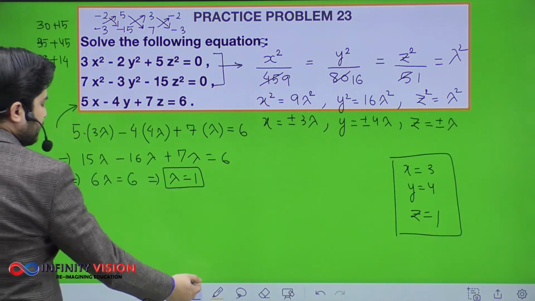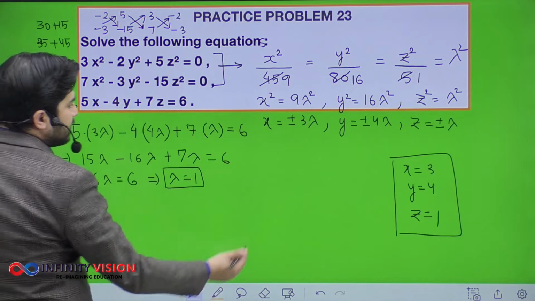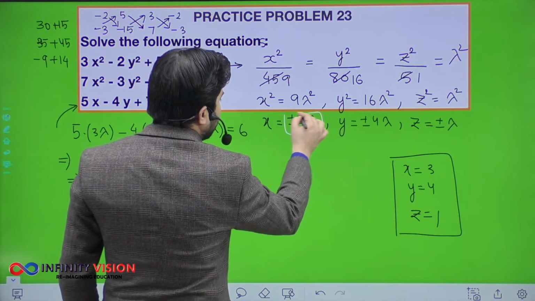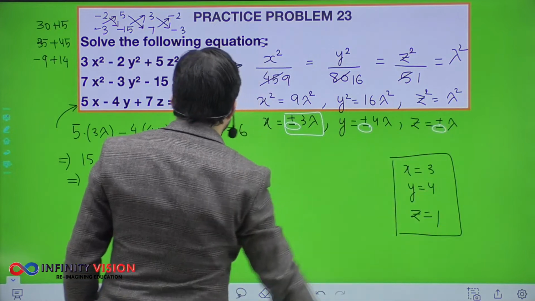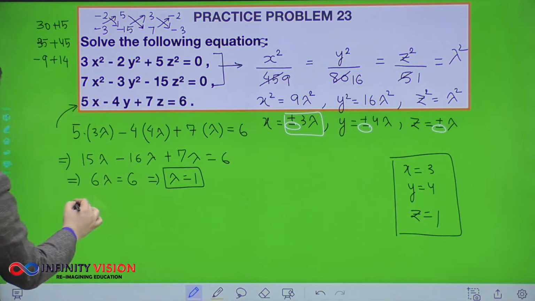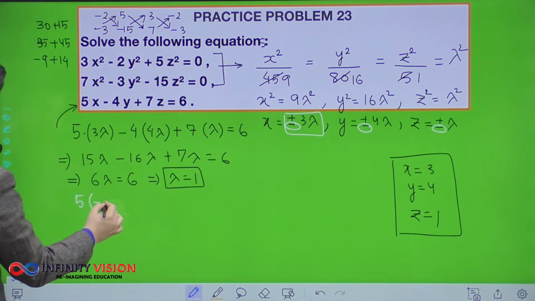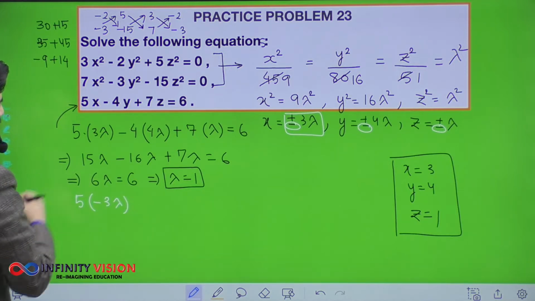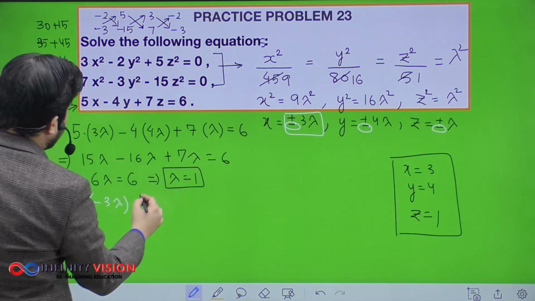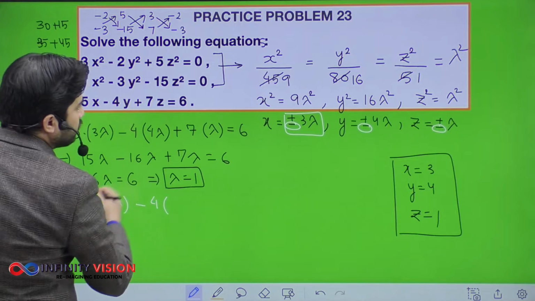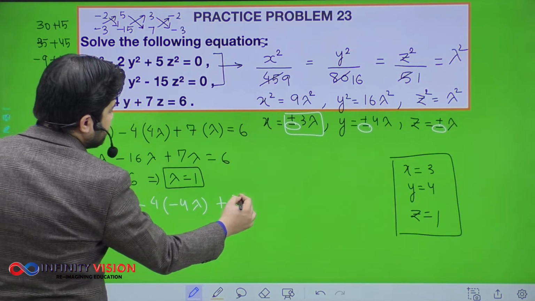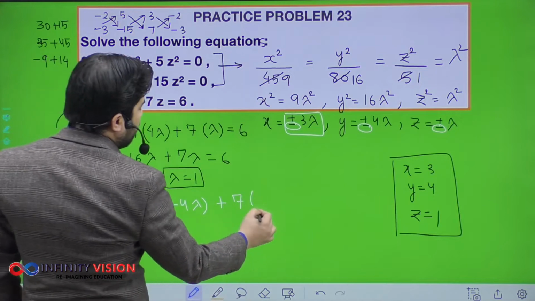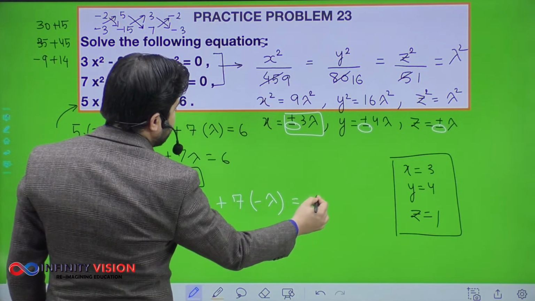What about if I pick the other solution, that x is equal to minus 3 lambda, y equals to minus 4 lambda, and z equals to minus lambda. So if I put it here, I'll get 5 into minus 3 lambda minus 4 into minus 4 lambda plus 7 into minus lambda equals to 6.